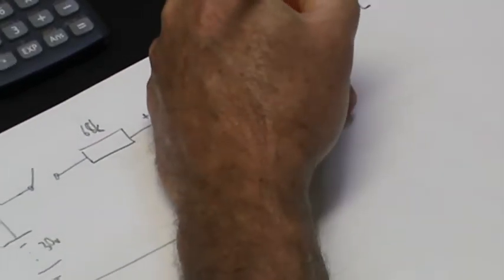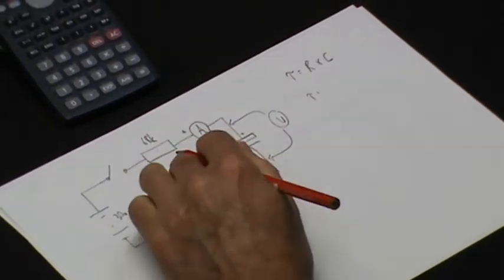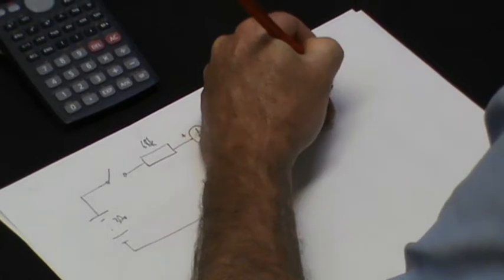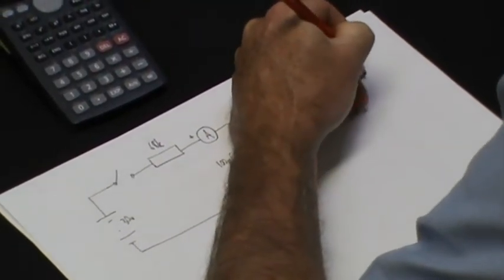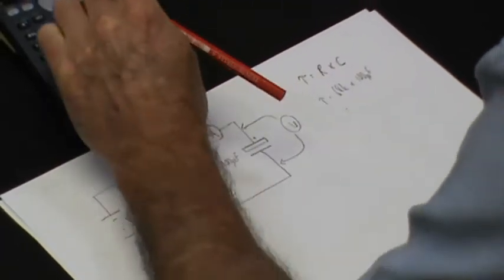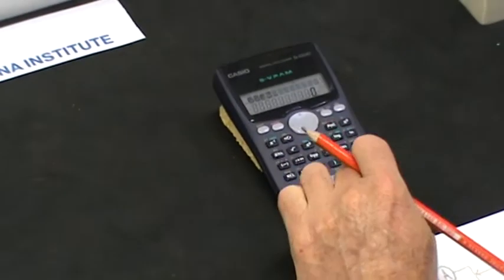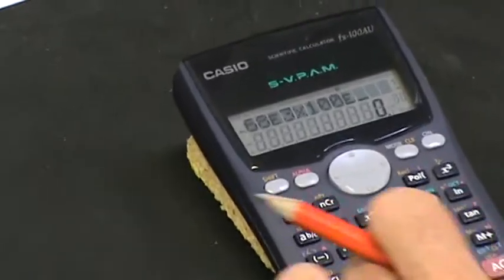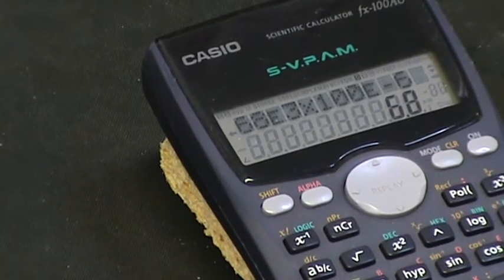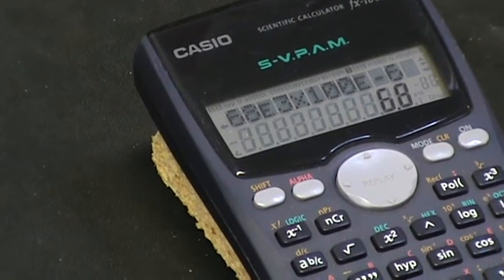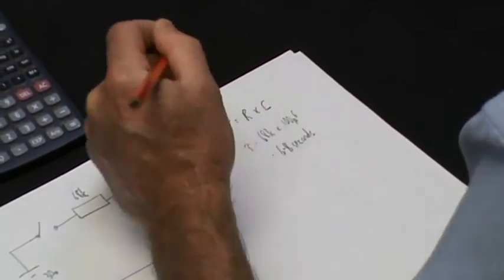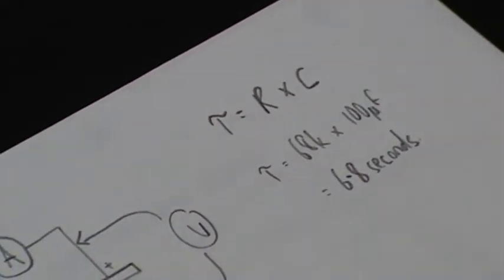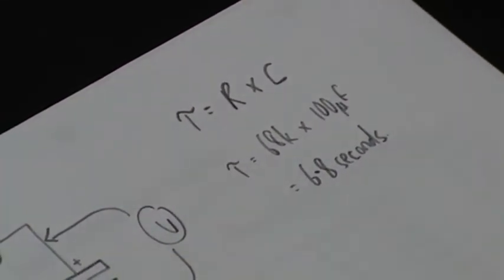So tau is equal to 68k times 100 microfarads, which is 6.8 seconds. Remember, tau is in seconds. Therefore, the time constant of this circuit is 6.8 seconds.